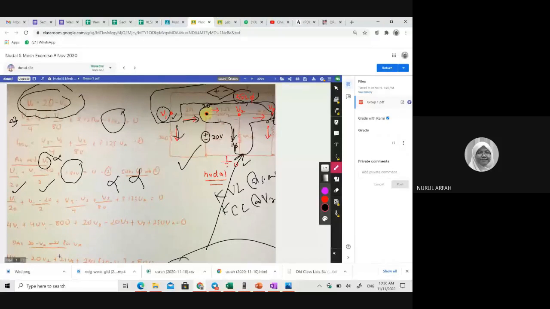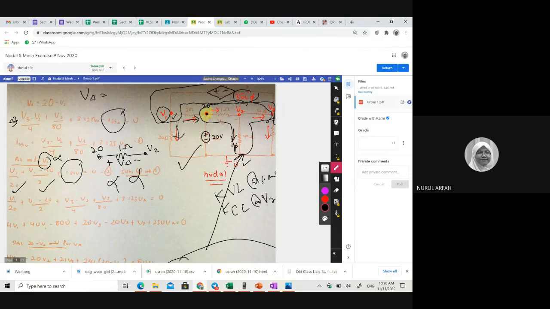V2. No. It's supposed to be V delta here, because your current direction is the other way, right? If you look at the resistor here, this is 1 ohm, and the plus sign here is V delta, and this is V2, this is 20.